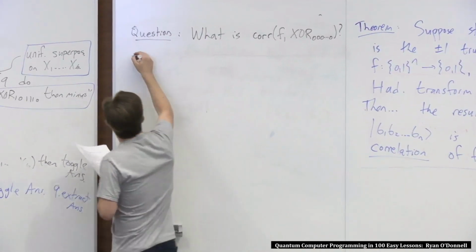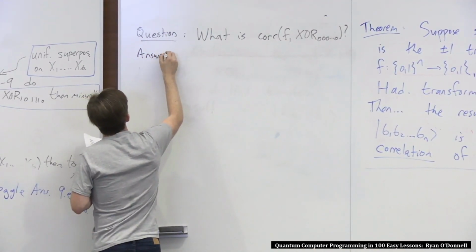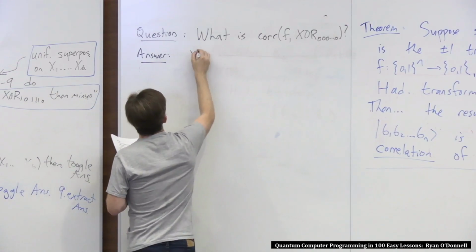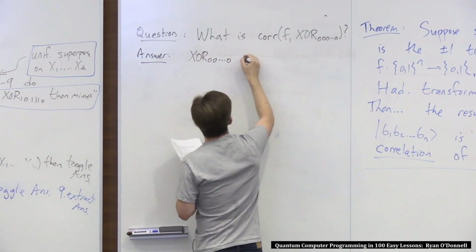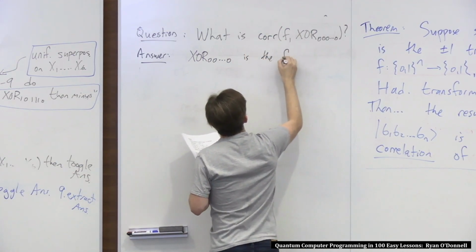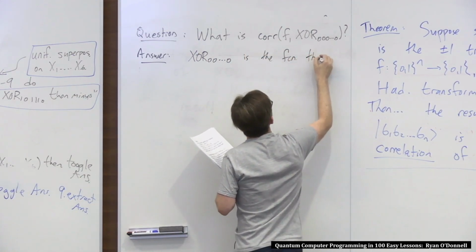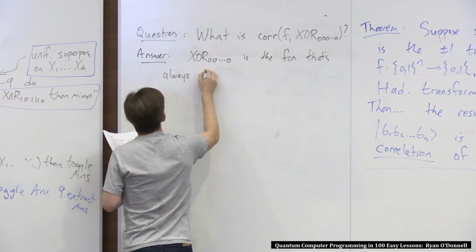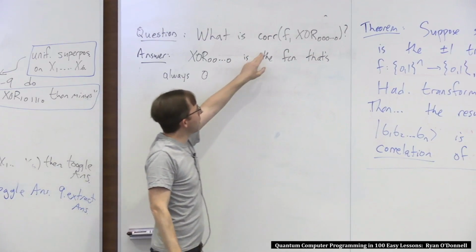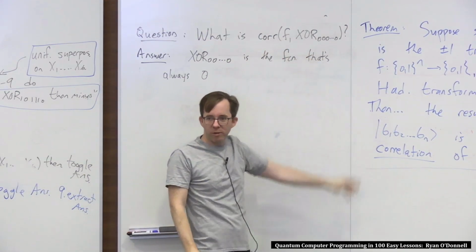So let me repeat that. Recall, XOR sub 0, 0, 0, 0, we discussed, is the function that's always 0. So this correlation is about comparing f's truth table with the truth table of all zeros.